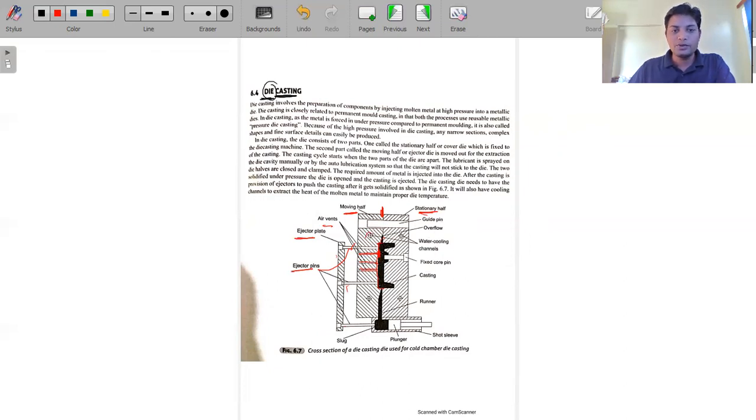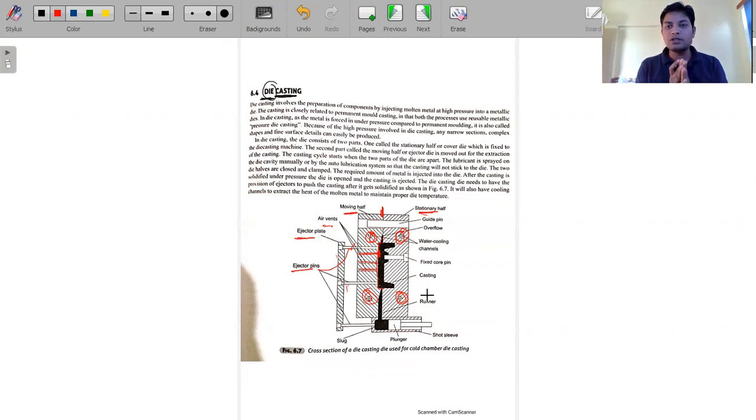Here we are using these four hollow sections, because this is a circular section, or sometimes rectangular. These hollow sections are used to provide the water supply, because the die is also a kind of material. If we want to use it for more time, meaning we have to increase its life, then we have to use cooling as well.